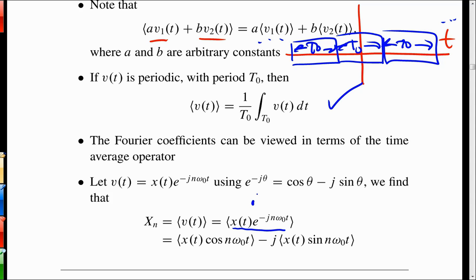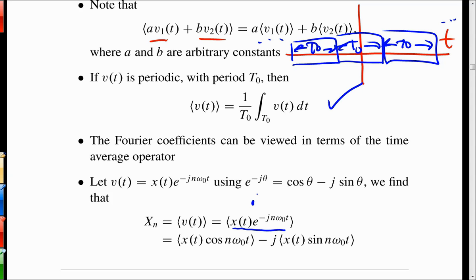And what the coefficient does then, it tells us the strength, or the amplitude, magnitude and phase actually, of that signal x of t lying along that complex sinusoid. It has real and imaginary parts, but it's telling us what's the complex amplitude associated with x of t lying at that frequency, n omega naught.